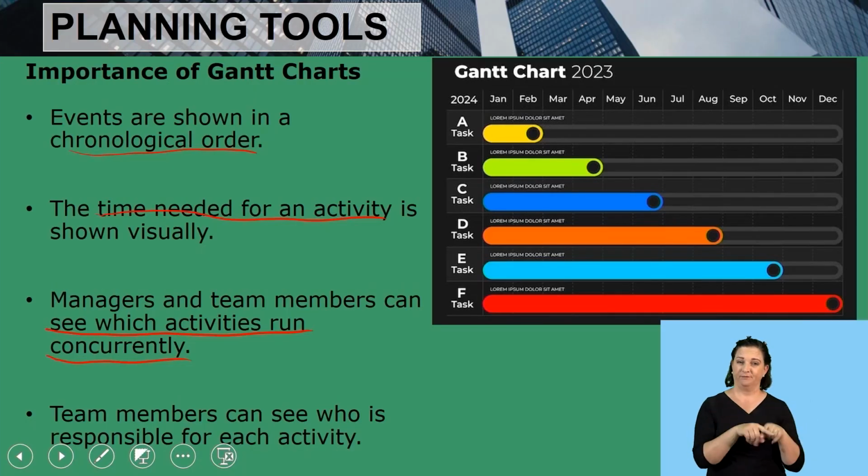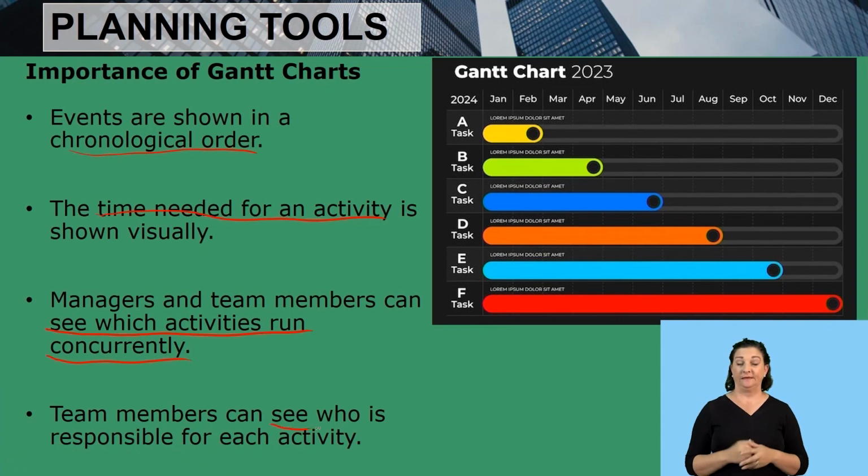So it's very important. Team members can see who is responsible for each activity so that not all team members do one and the same thing. They can see through a Gantt chart that this particular person is responsible for this activity, and this particular team member is responsible for another activity.